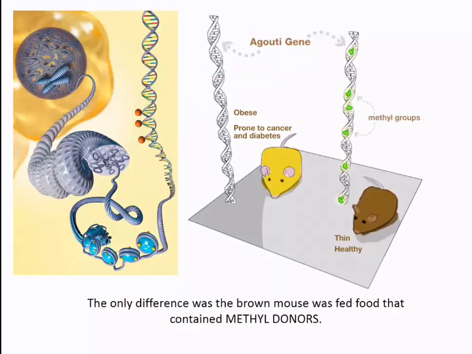What they did is they had two different moms. Through genetics, these mice are exactly the same. They have two mommies, and the two mommies have identical DNA.